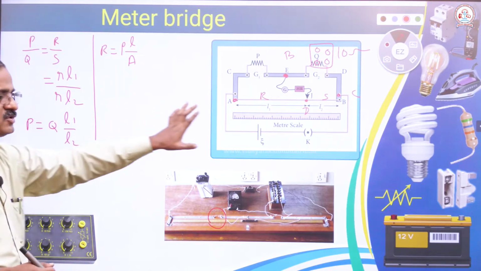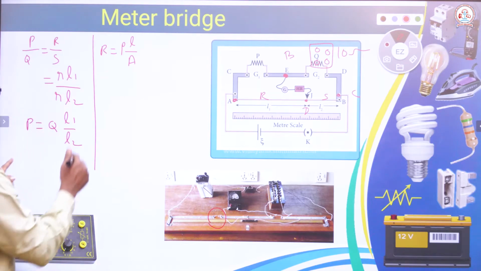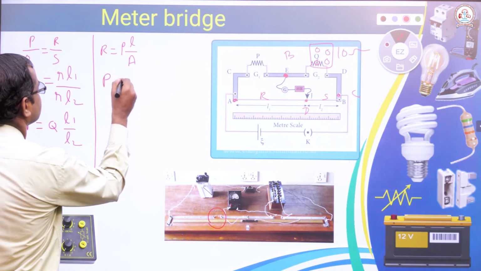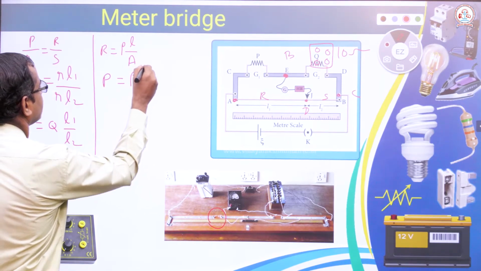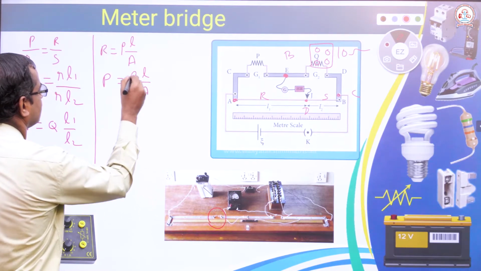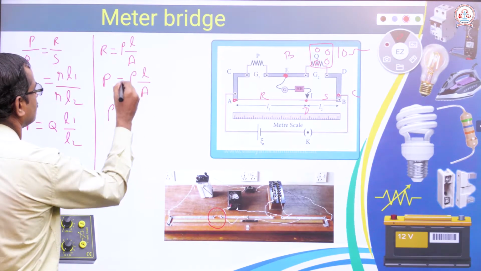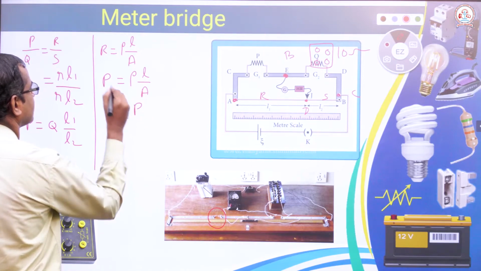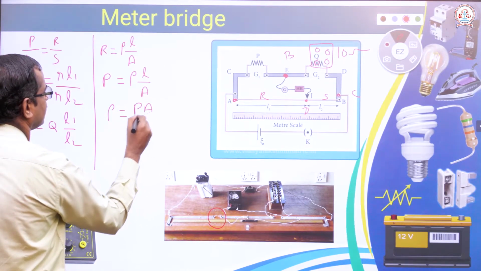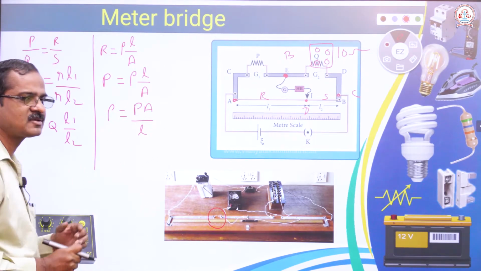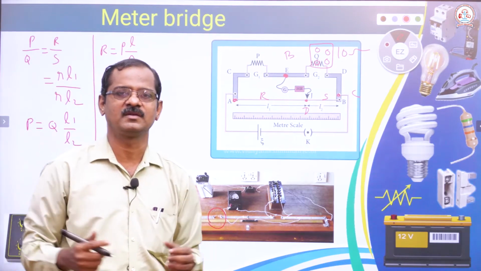Let P be the resistance which we have calculated, so instead of R I take P. So, P is equal to rho L divided by A, then rho will be equal to the resistance P into A divided by L. A is cross sectional area of the wire.